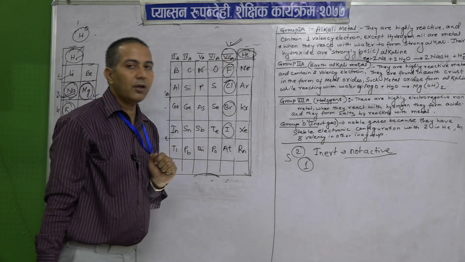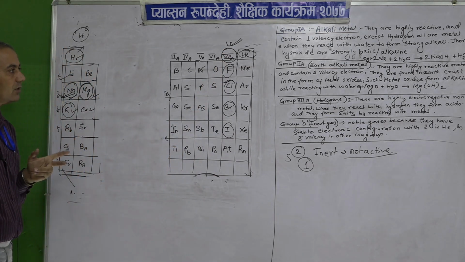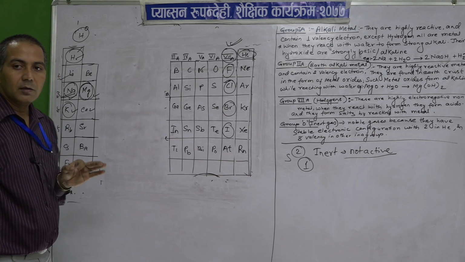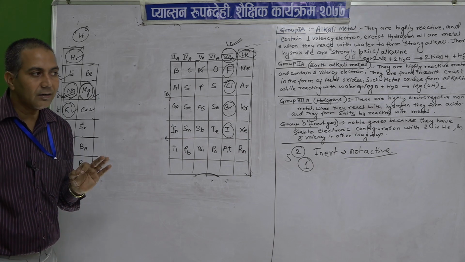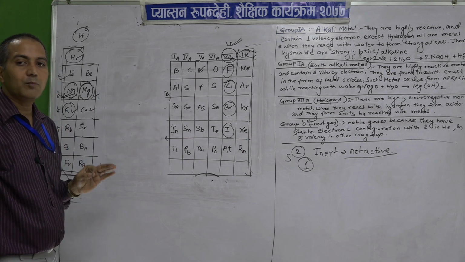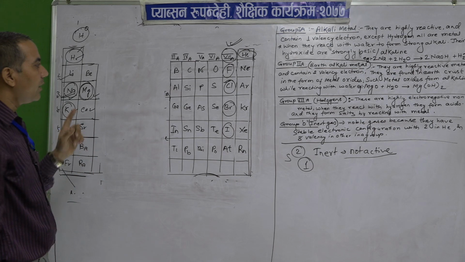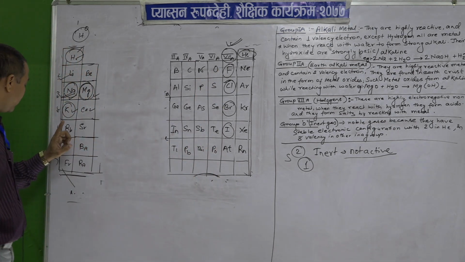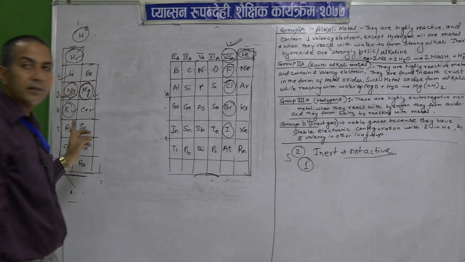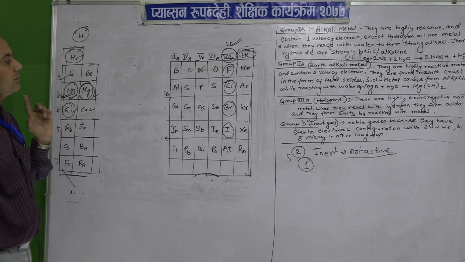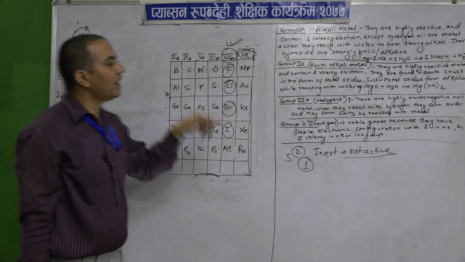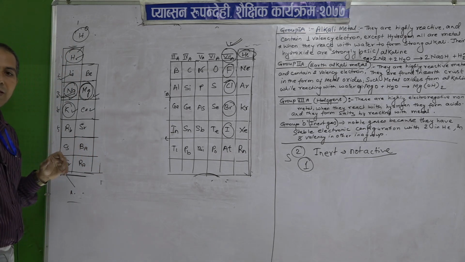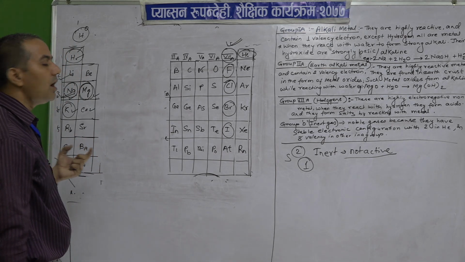Then group 7A is called the halogens. Why halogens? Halogens means salt-producing. Therefore, when this group reacts with metal, it forms a salt, and when it reacts with hydrogen, it forms an acid.